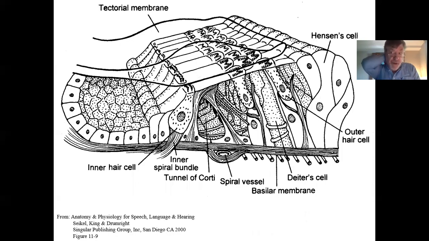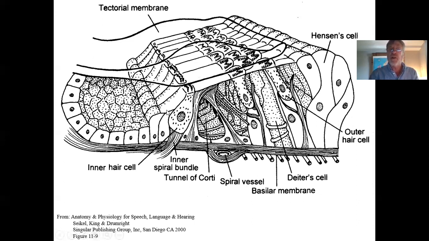This is another view here looking at kind of a clear cross-section of the tectorial membrane and how it lays on top of the stereocilia. The stereocilia are arranged like W's, kind of like V's or horseshoes in the outer hair cells, and they're usually in a fairly straight line on the inner hair cells.